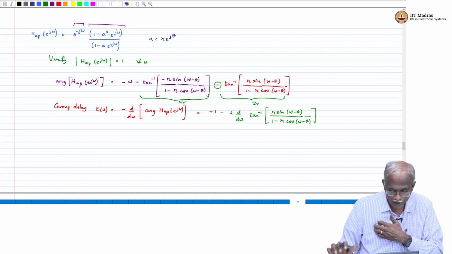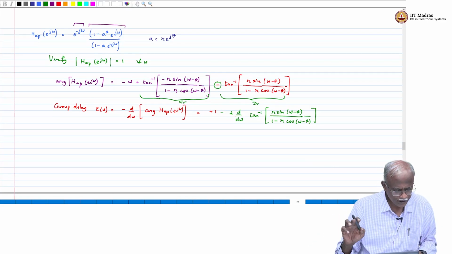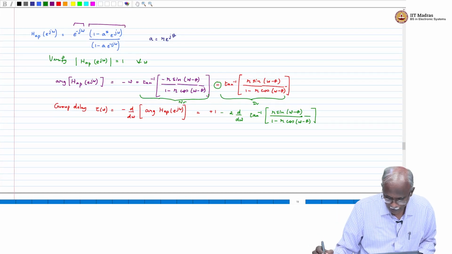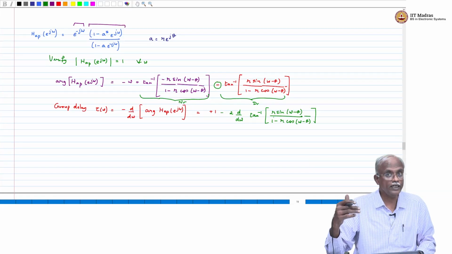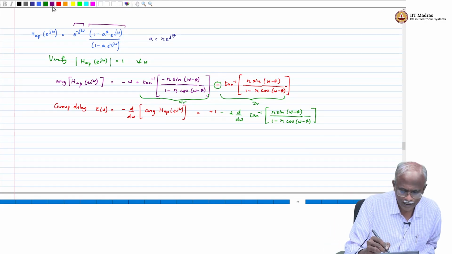The important step is that when you do the differentiation, you are differentiating the tan inverse function, so make sure you get the correct result.